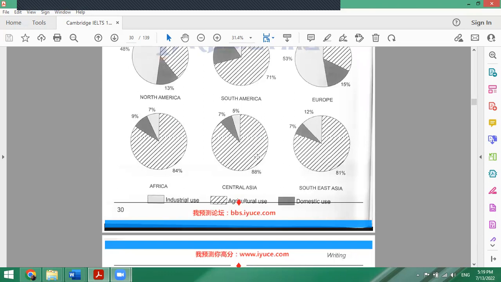And in the next body paragraph, you write about industrial use and domestic use. They're not going to take a lot of space because the most important element here is agricultural use. And for this, we have one paragraph, and industrial and domestic use, we have one paragraph for both.